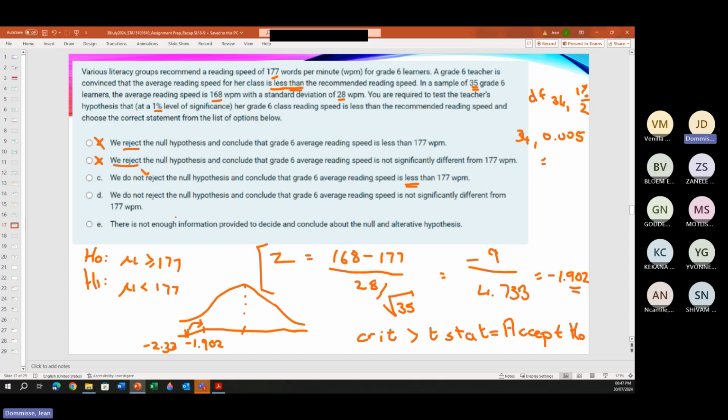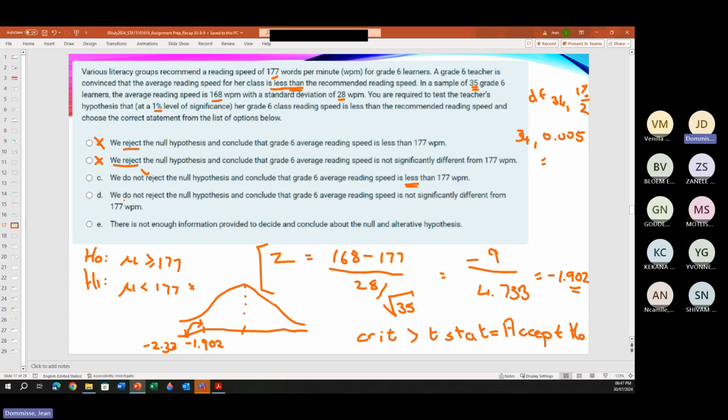Okay, so we do not reject the null hypothesis. That is true. But because we do not reject it, we can't conclude that the average reading speed is less. We did not accept the alternative.